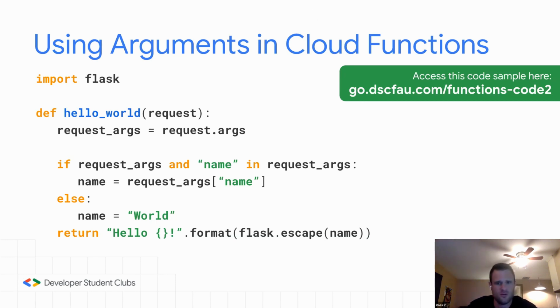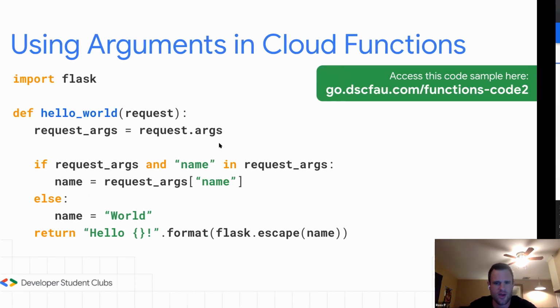So the request contains details about the request made at that endpoint. So if we call the args property on the request object, we gain access to the query parameters that show up in the URL, if that makes sense. We'll show you an example of what the query parameters are, but just think of request args as a dictionary with the key value pairs of the query parameters.